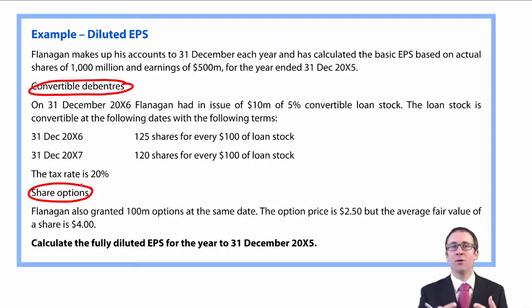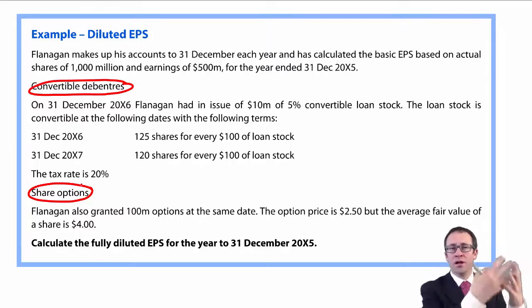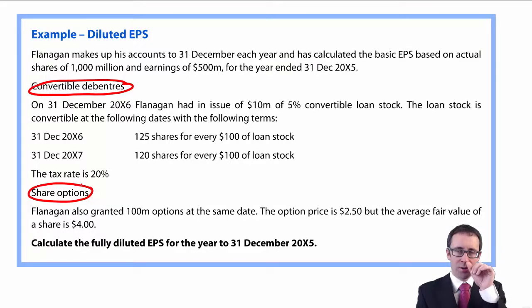But don't forget that the shareholders will pay for those shares, but will pay for them at a discount to the market value to make it attractive to your employees to take those shares. So there is, if you like, cash received in the future, which will increase the earnings. We don't know by how much the earnings will increase, but we'll assume that the increase in earnings will be offset by the increase in number of shares.